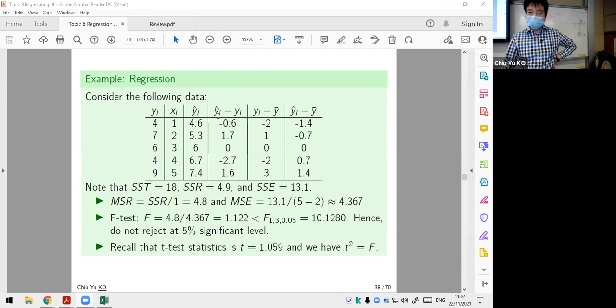And y hat minus yi: you subtract the third column from the first column, you get the data there, and you can calculate it the same as y hat. And this is the SSR, this is the SST, and this is the SSE.